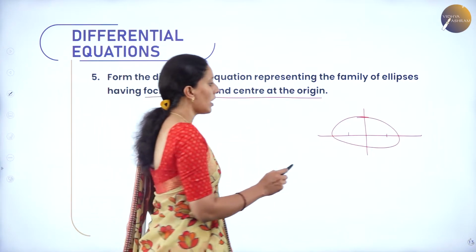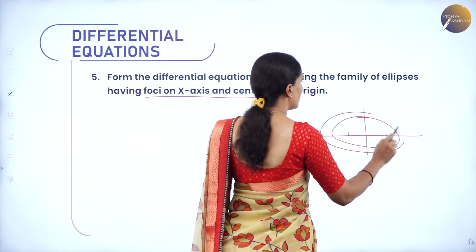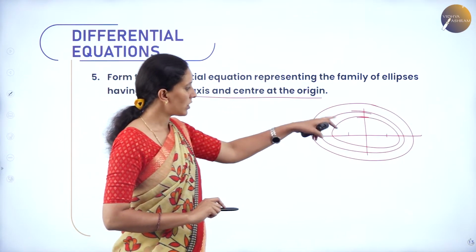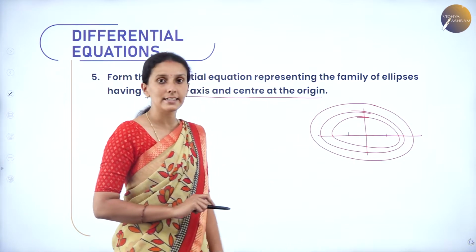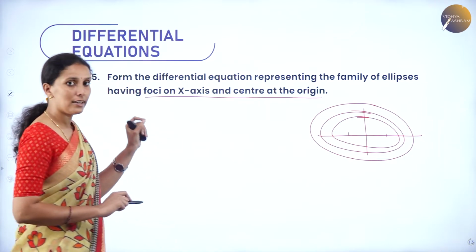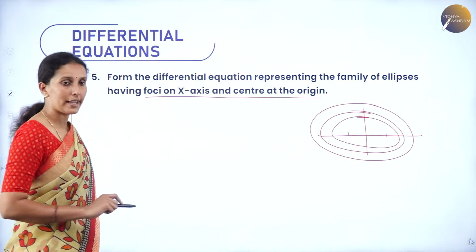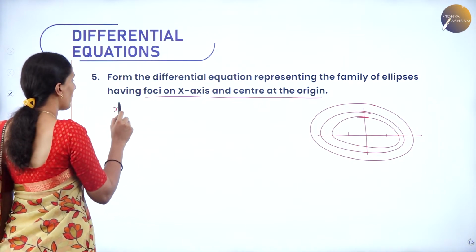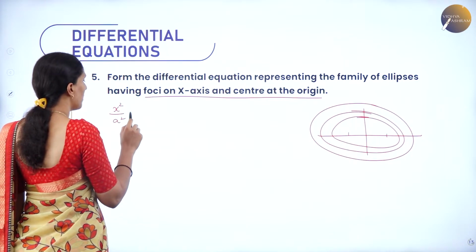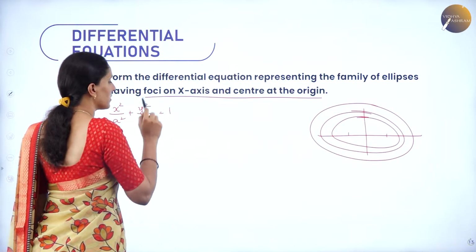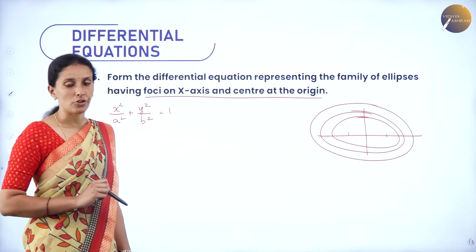So we are now finding the differential equation for the family of this ellipse whose foci are on the x-axis and center is at origin. So what is the standard equation of an ellipse whose foci lie on the x-axis? It is x square by a square plus y square by b square is equal to 1. So this is the standard equation of an ellipse.